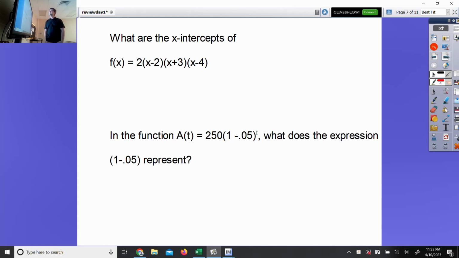What are the x-intercepts of the following? The x-intercepts happen when y is 0. So this is a big fat 0 right there. And now because of that, we can use the zero product property.